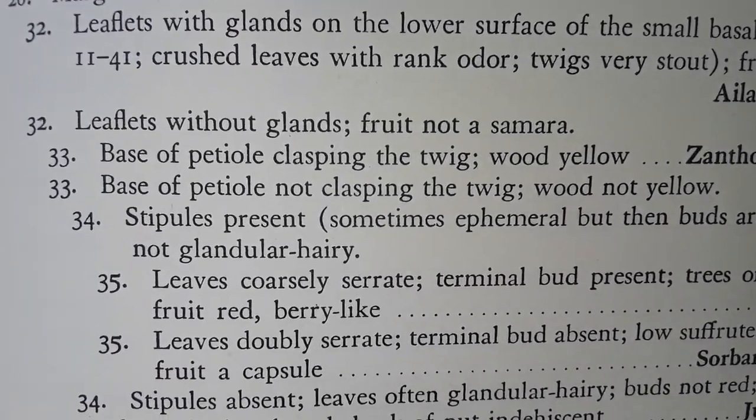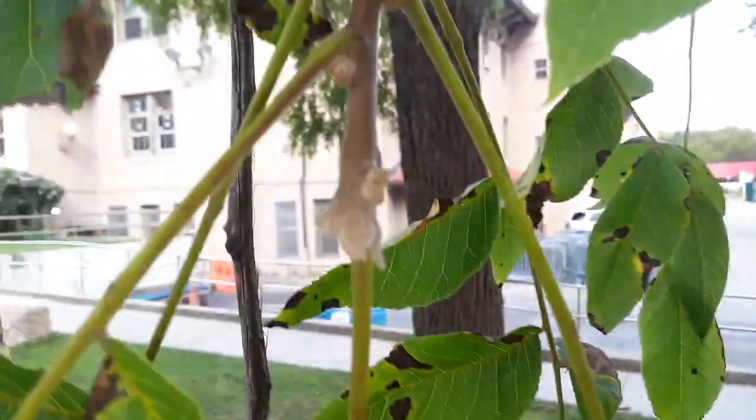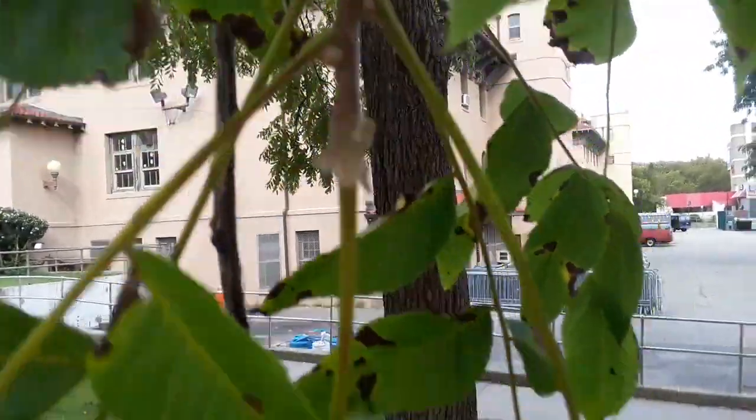Okay, does the base of the petiole clasp the twig? In other words, does the base of the petiole go around the twig? And it does not. It ends. The bases of the petioles do not reach around the twig and touch each other.